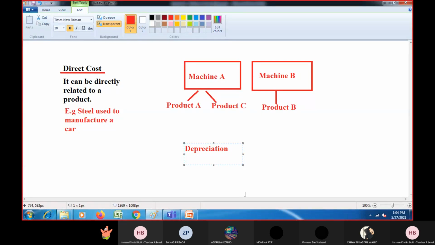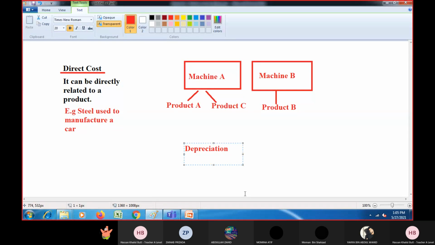A non-current asset means an asset or item which is kept by the business for more than 1 year, such as machinery, equipment, buildings, vehicles. They are used by the business, so they lose their value with the passage of time. Why? Because they get old. There is a lot of wear and tear in such items.